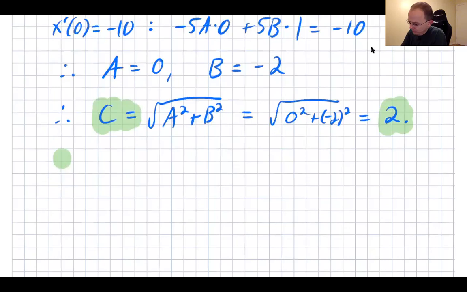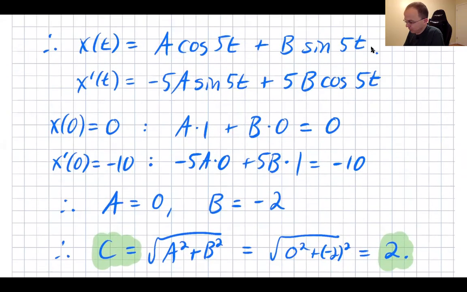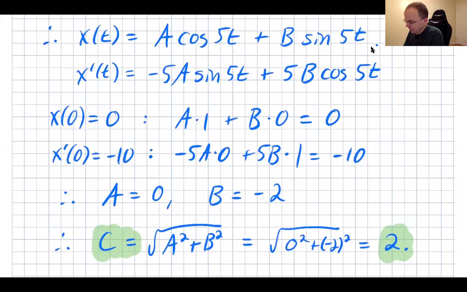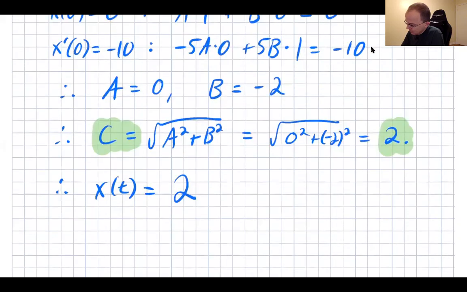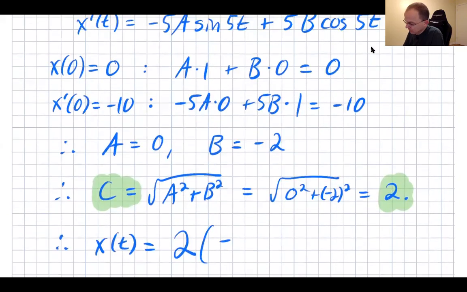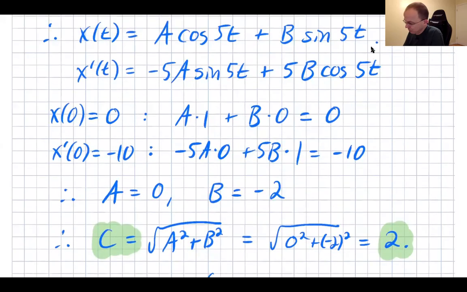Therefore, x of t is equal to 2 times, let's see, a was 0 and b was minus 2.